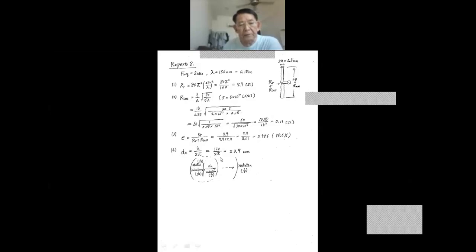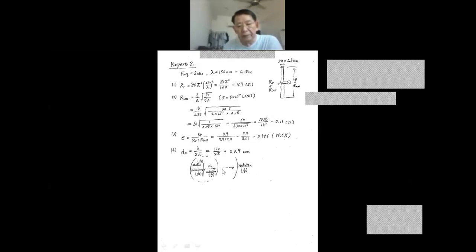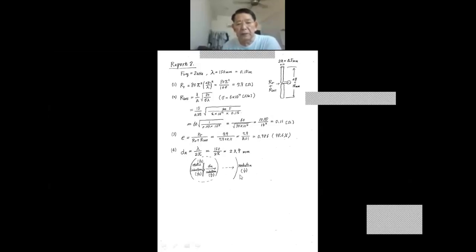So 150 divided by 2 pi is 23.9 millimeters. Around 2 times of this length, the near field exists. And after that, only the radiation field becomes superior.